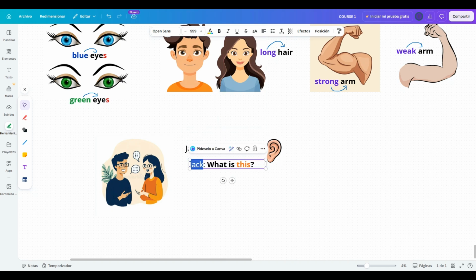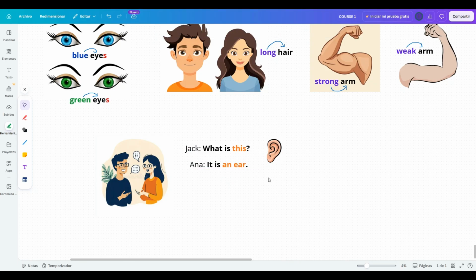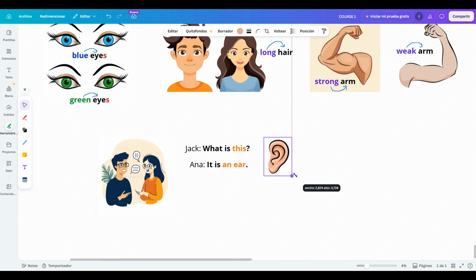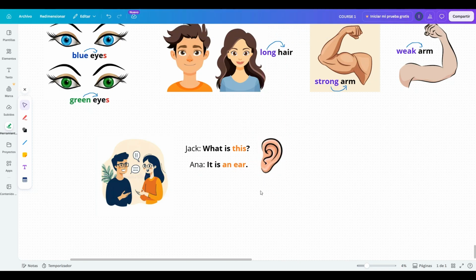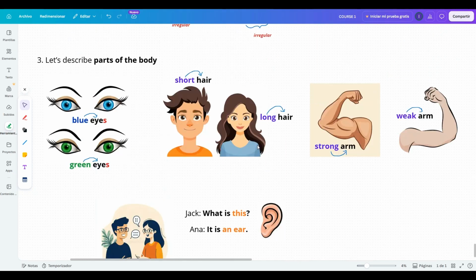Okay, Anna likes English, so she can say, well, it is an ear. It is an ear. Correct. It is an ear. Or you can say another one, right?